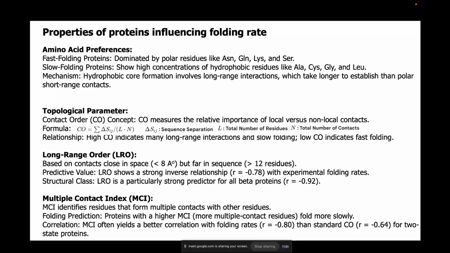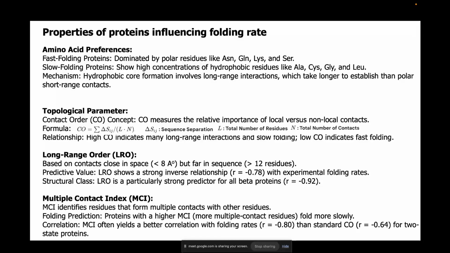There is this parameter as well, the multiple contact index, and it identifies residues that form multiple contacts with other residues. If you have a protein with a higher multiple contact index, it is generally supposed to fold more slowly.